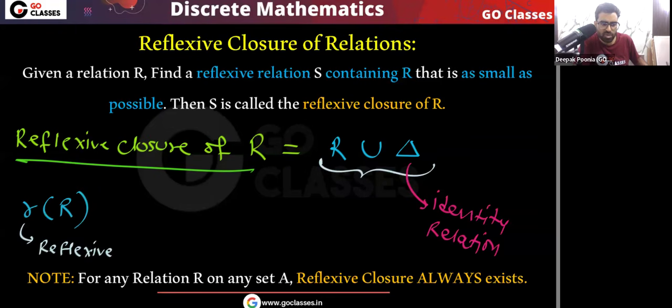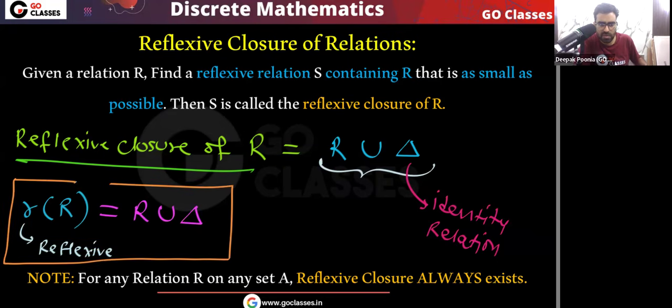So what is the reflexive closure of R? The reflexive closure of R is R union identity relation. This is your answer. And this is the note that for any relation R on any set A, the reflexive closure always exists.